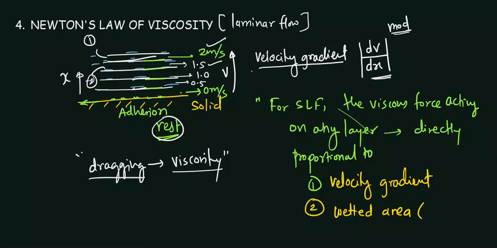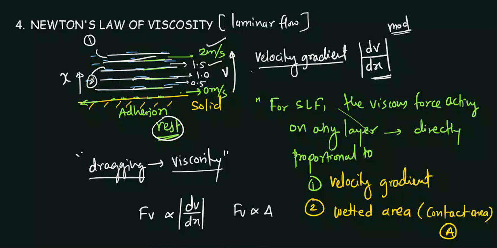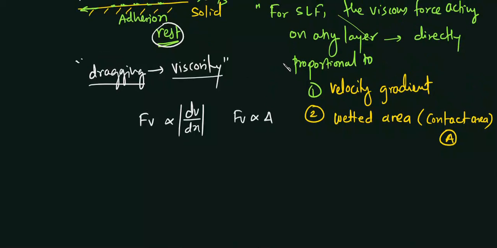Wetted area means the contact area. Let's call it A. So this viscous force Fv is dependent on the velocity gradient, given as dv by dx, and it is also dependent on the wetted area A, or the area of the layer you can say.